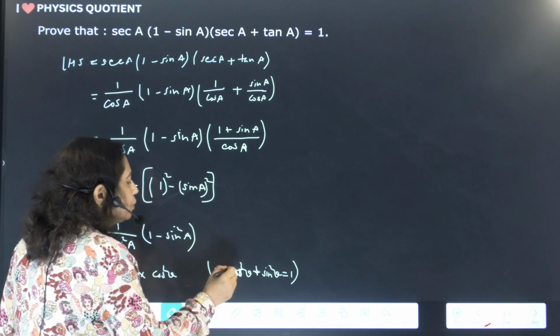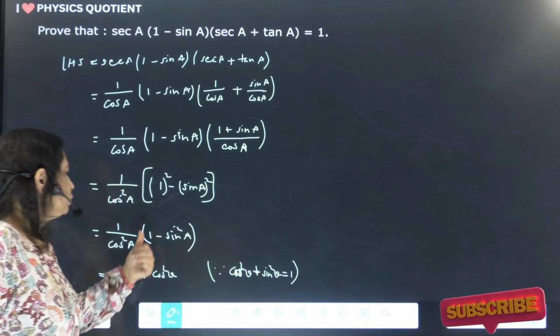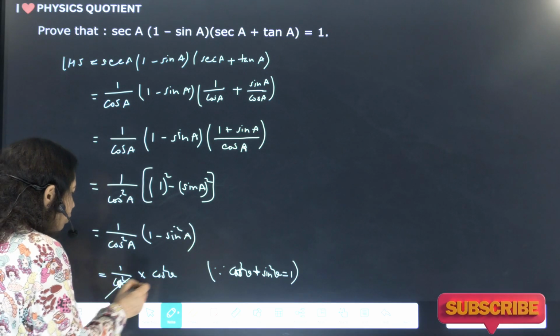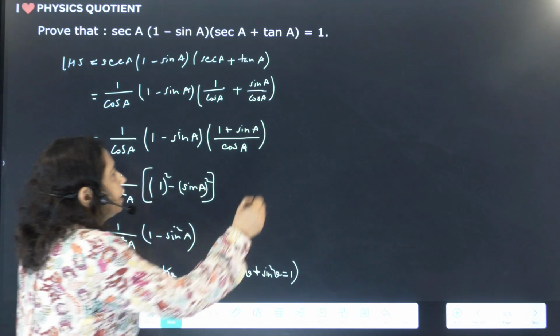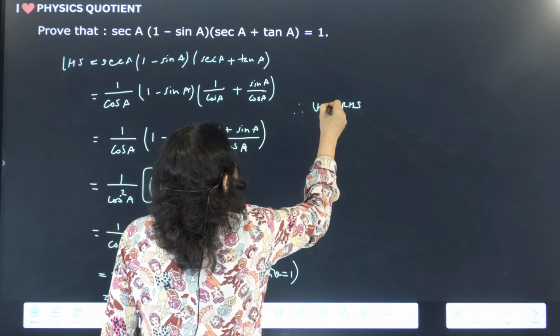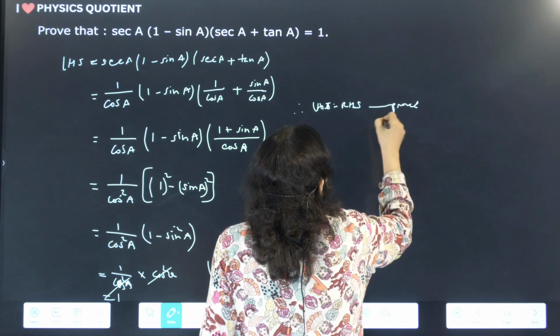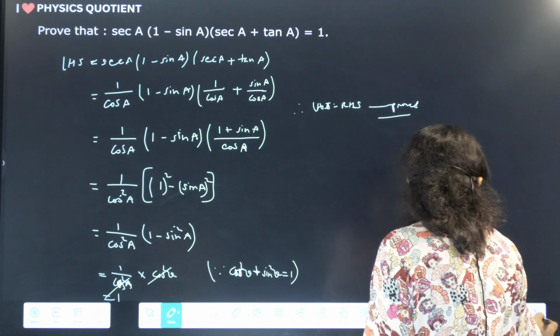So in place of cos square theta I can write 1 minus sin square theta. So here it is 1 minus sin square theta, that will become cos square theta. Now cos square theta will be cancelled and answer is 1. Therefore LHS equal to RHS, proved. Right? Next question.